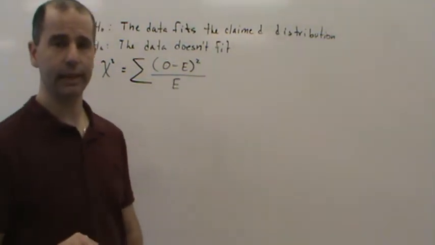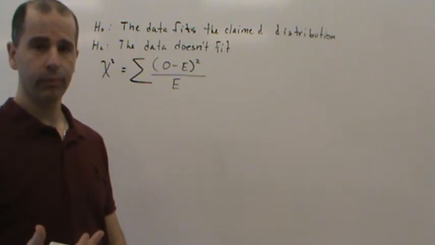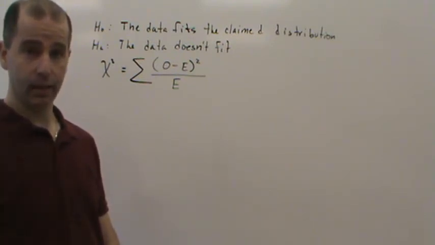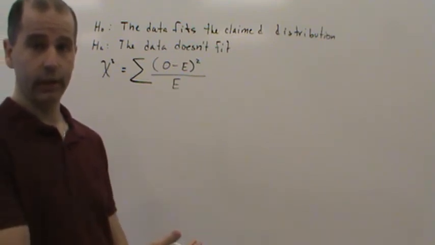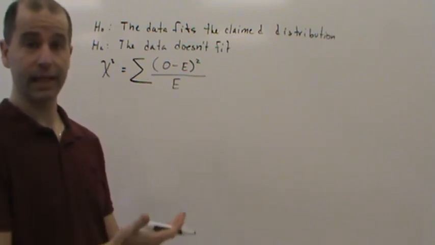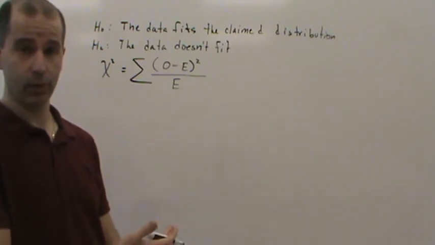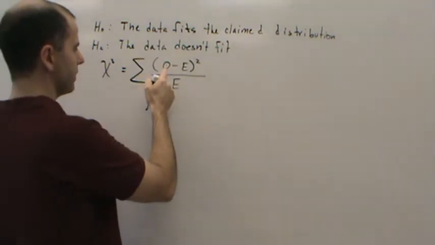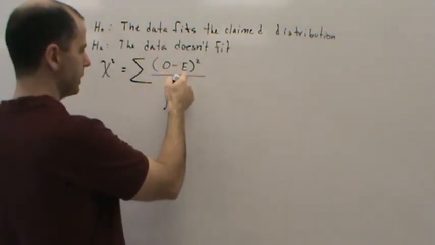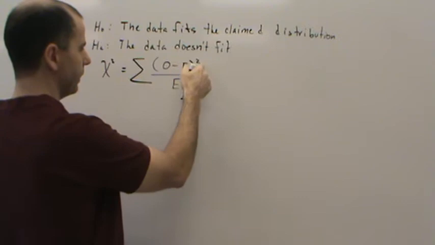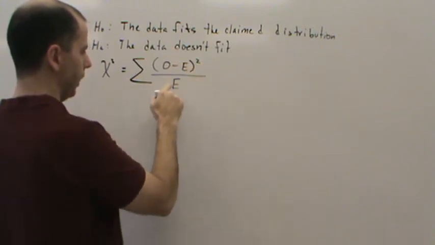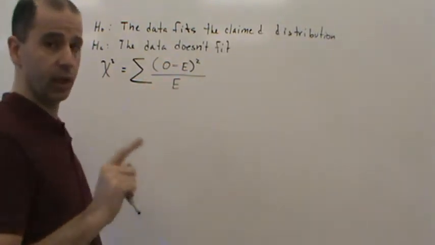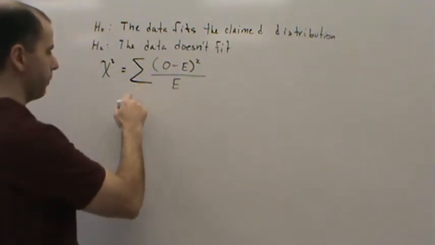The expected value is the frequency that you would expect to fall into that category if the null was true, if the data did fit the claimed distribution. We'll talk about that in a moment too. But realize that this is the observed value minus the expected value, that quantity squared, divided by the expected value. We take those calculations for each category and then sum them up over all categories.